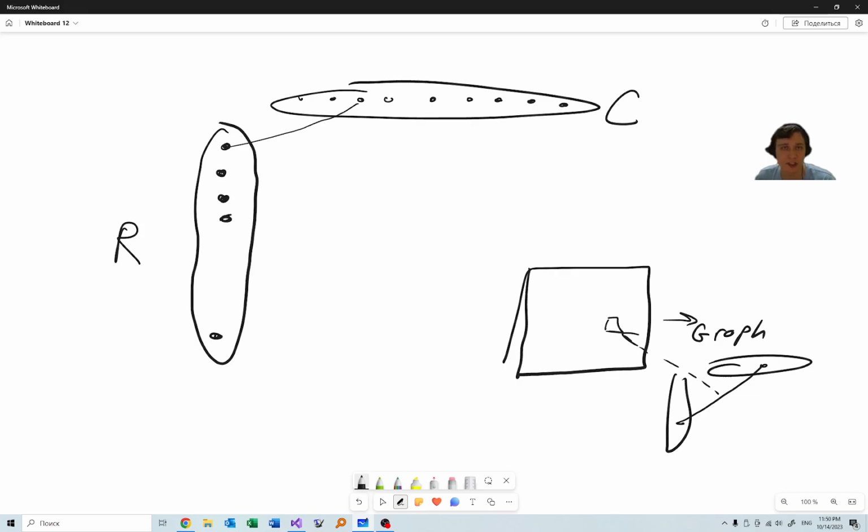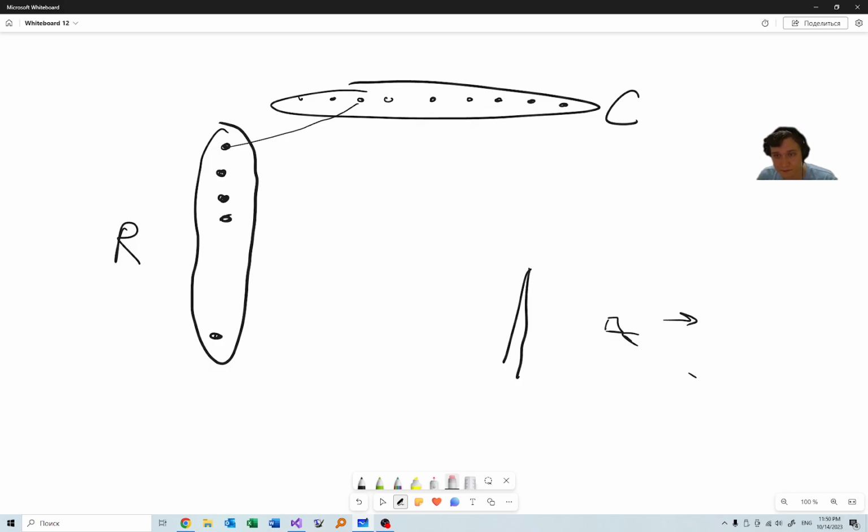This is a very important idea which comes very often, which you see and you solve problems with it. So here we have a graph.